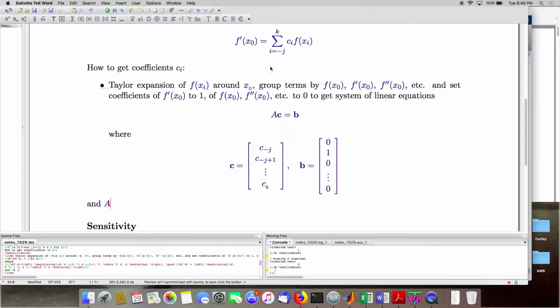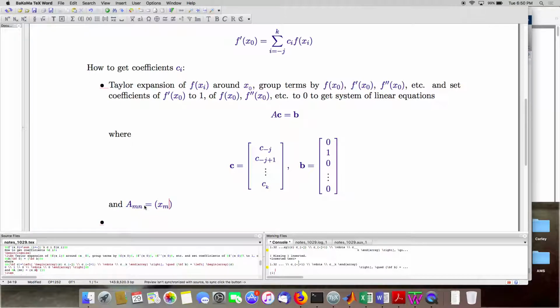Okay, I'm using the letters i, j, and k already, so I need to use different letters. So if I describe the entry in row m, column n, so usual notation for matrix entries, it's going to be a difference of x values.